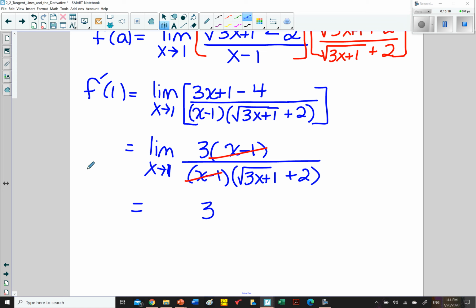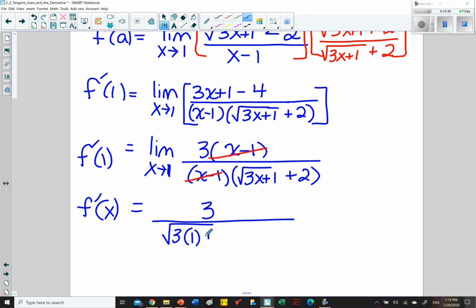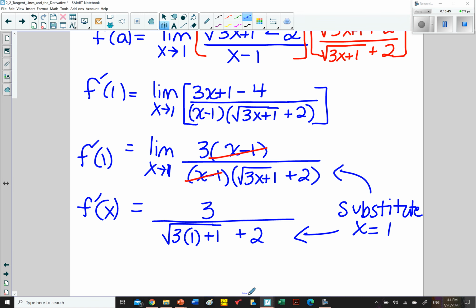So the numerator, the derivative at 1 on the square root would be square root of 3 times 1 plus 1 plus 2. So I'm substituting x equals 1 in this step to give me this step.